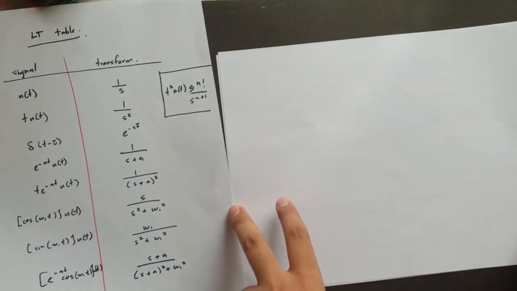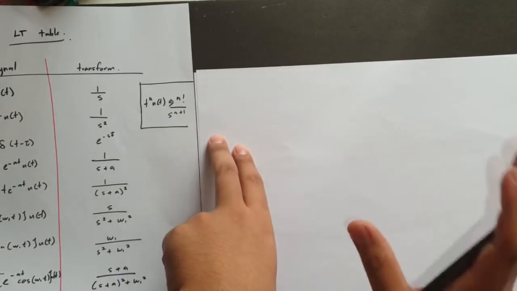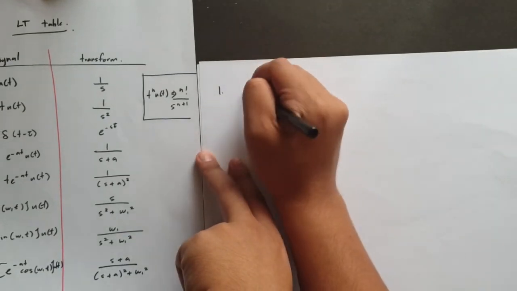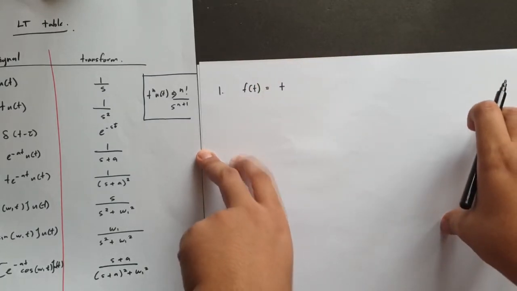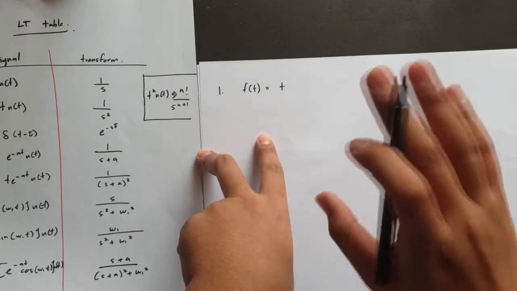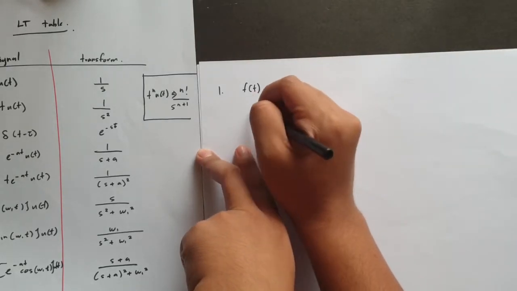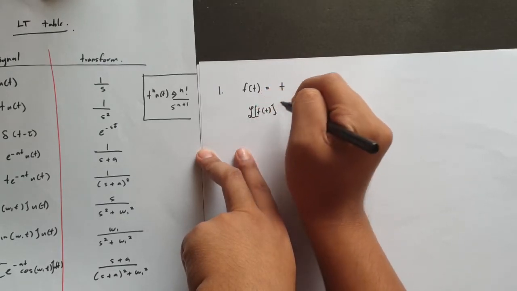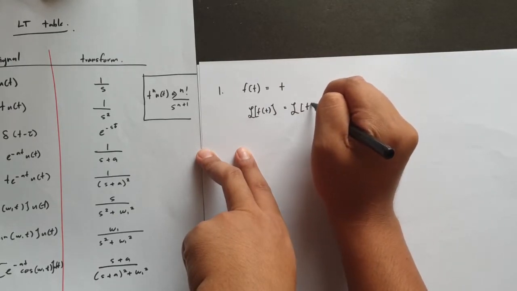So we start with the first question, which is how to find the transform of the function f(t). Number one, if f(t) is equal to t. It is very simple, but don't forget, we want to Laplace transform the function of t.